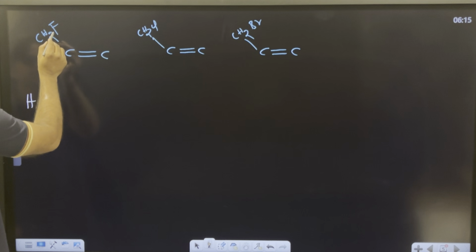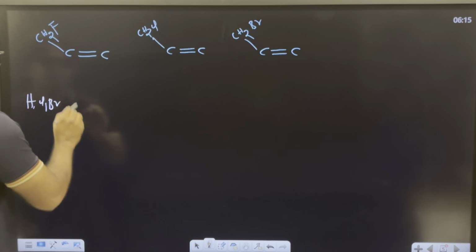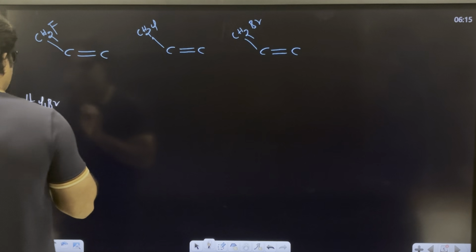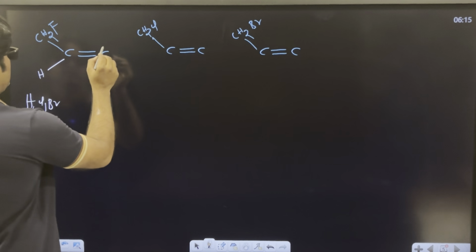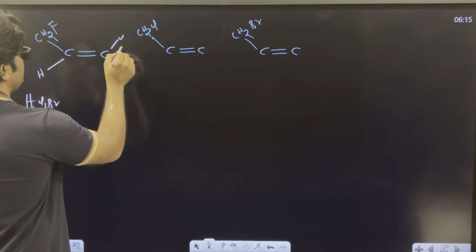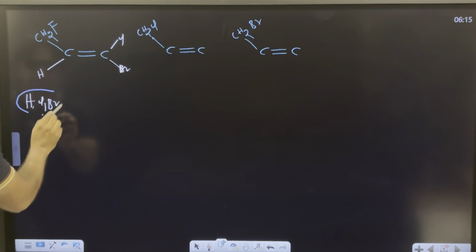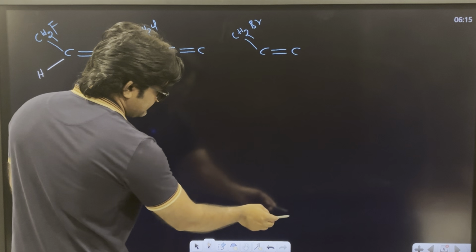If you are taking fluorine here, we have hydrogen, chlorine and bromine. So for example, if you are taking hydrogen here, then what about the remaining arrangement? Here we can write chlorine and bromine. Not only this one, you can write three possibilities here.